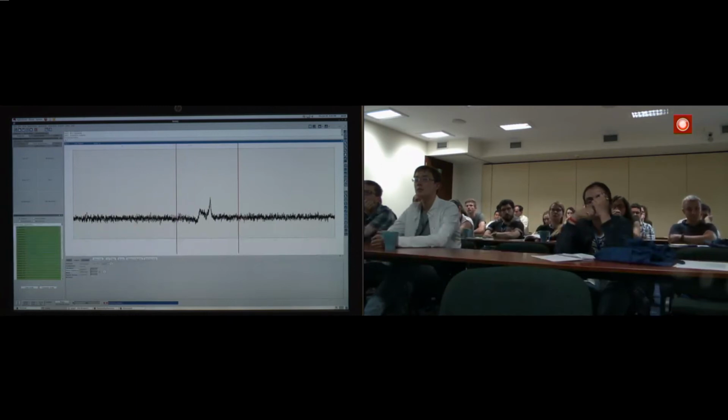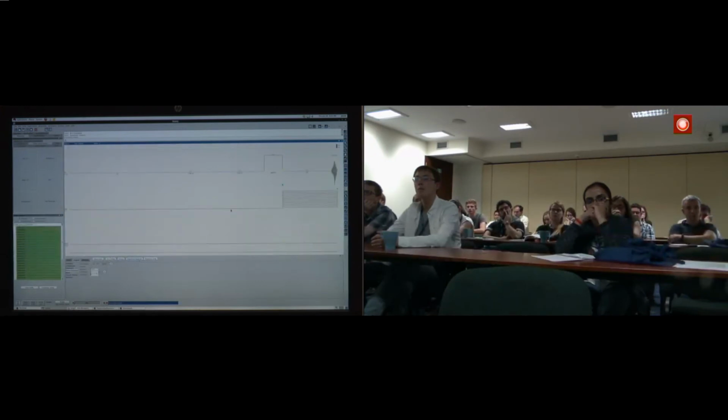Okay, so let me introduce the first trick now. We would like to introduce dipolar decoupling. So now the pulse sequence looks slightly different.